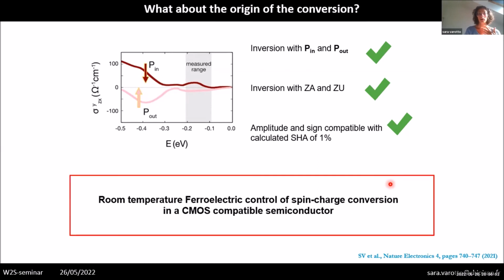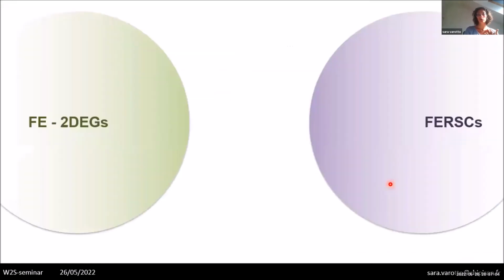And so with this system, we can obtain for the first time a room temperature ferroelectric control of spin charge conversion in a CMOS compatible semiconductor. And I would like here, in the last slide, to make a sort of comparison between these two systems, which I talked a bit long about.